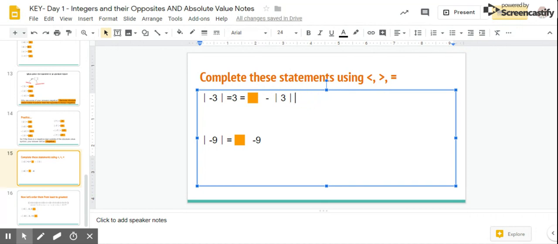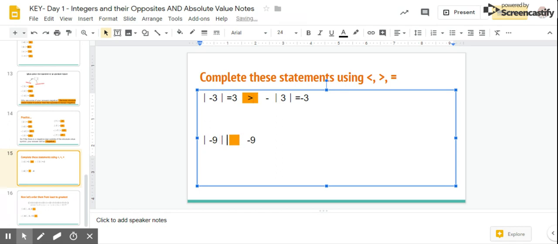The opposite of the absolute value of 3 is negative 3. If we look at those to compare them, the greater one is going to be that positive 3. So remember, the alligator kind of eats the bigger one. So the absolute value of negative 3 is greater than the opposite of the absolute value of 3.